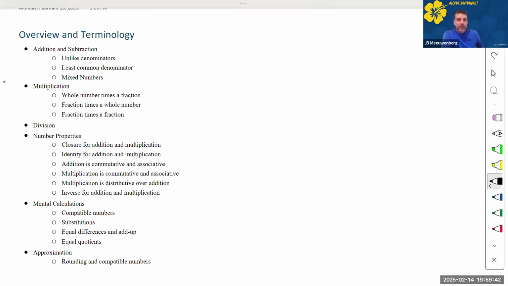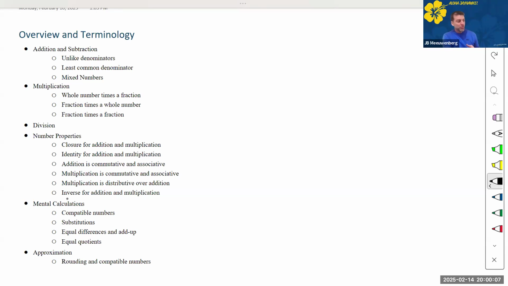Of course, for this section, we are going to first look at just our overview. We're going to talk about addition and subtraction, those denominators, mixed numbers, multiplication, certain versions of that. Again, we're going to model that with manipulatives and drawings. We're going to get into division and then number properties, those ones that we've seen before with whole numbers and integers. We're going to revisit all of those again.